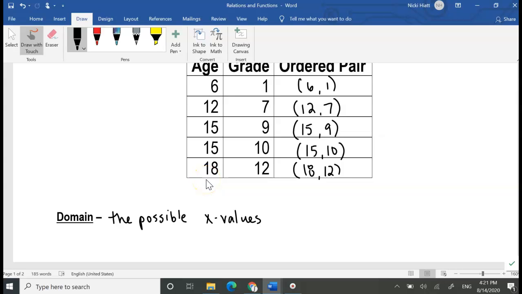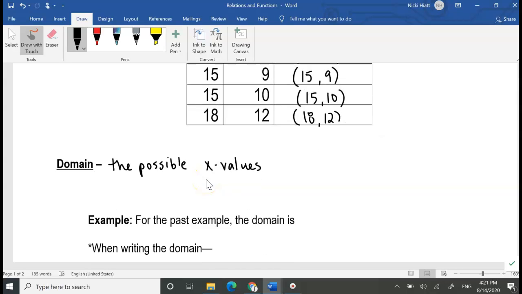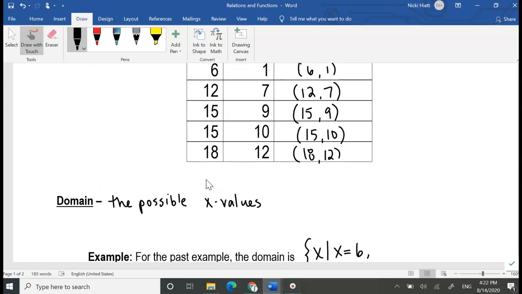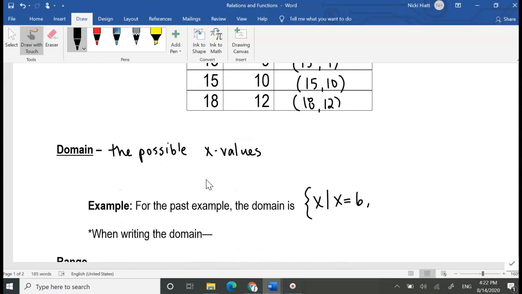So 6, 12, 15, and 18. So we would write this like this. Usually we'll do x such that x equals, with brackets around it, 6, 12, 15, and 18.